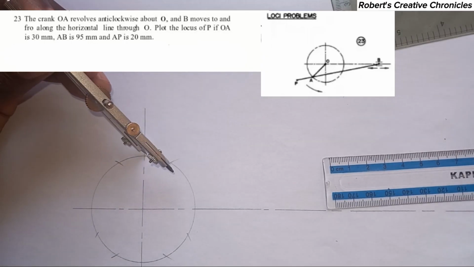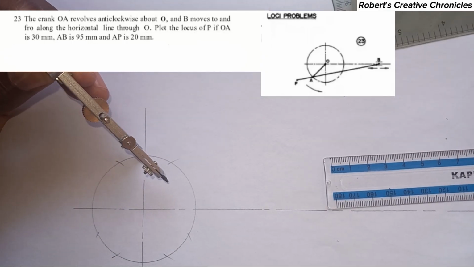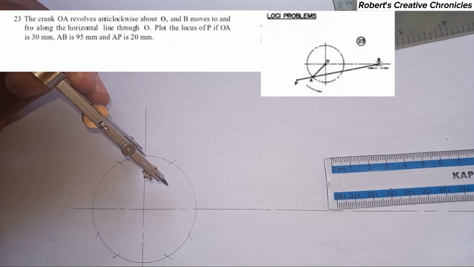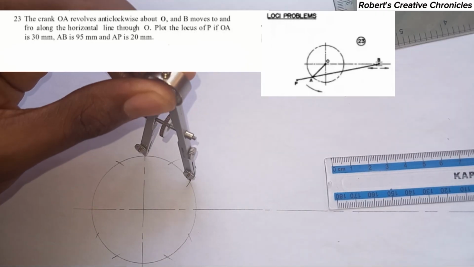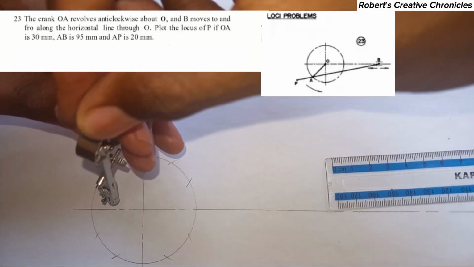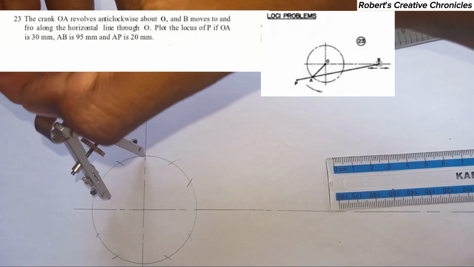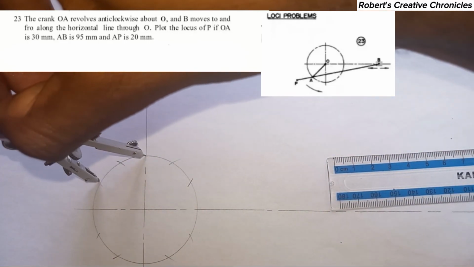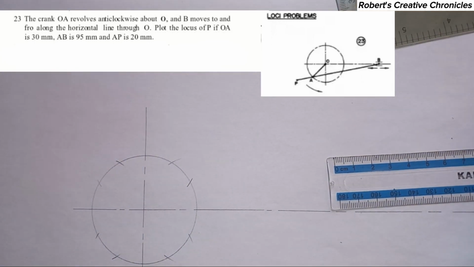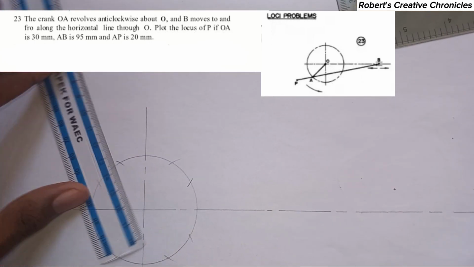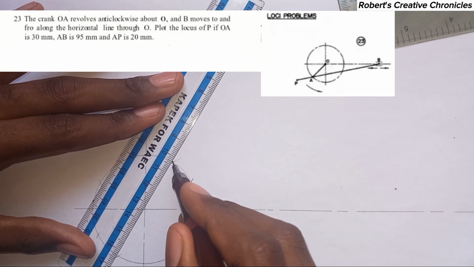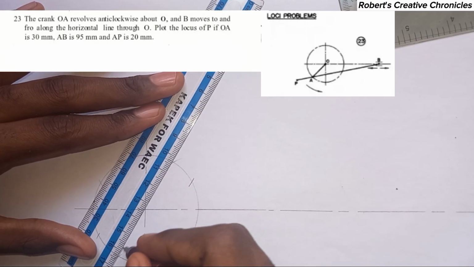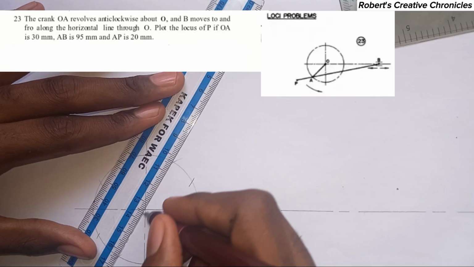Then put it here, cut here, and cut here. Then you join all of these. So you join this to this. You use the center line.